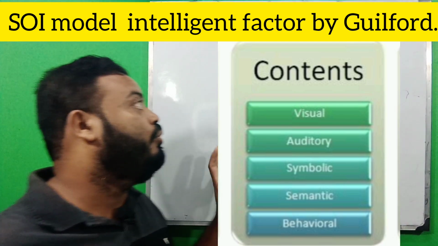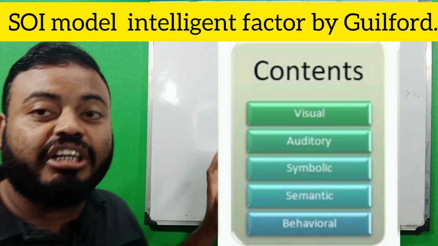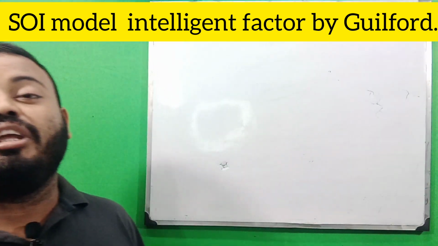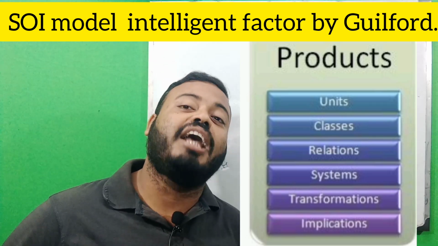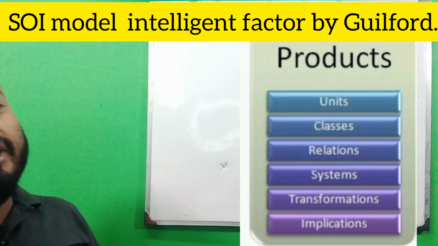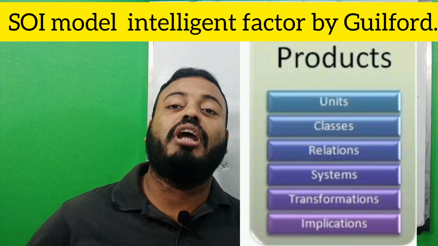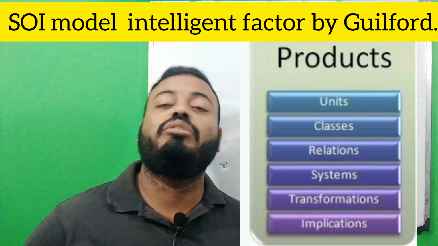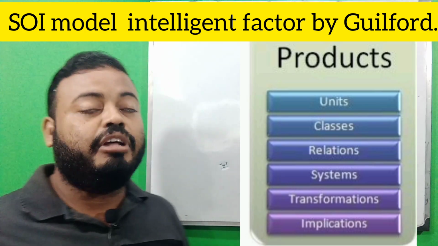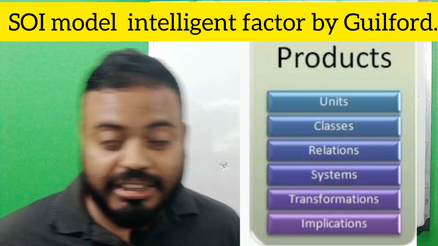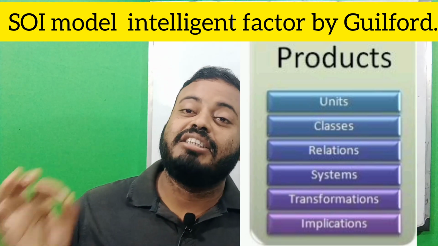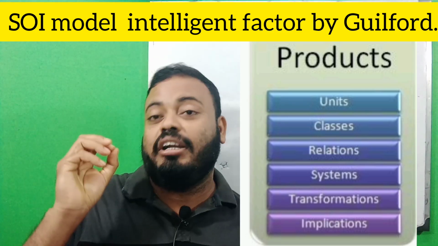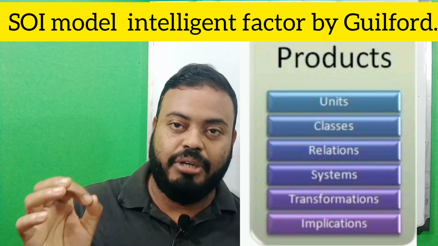So we have learned about the content dimension, and lastly we learn about the product dimension. The product dimension has some sub-units, and these units are very important for the product dimension. The products are unit, class, relation, system, transformation and implication.